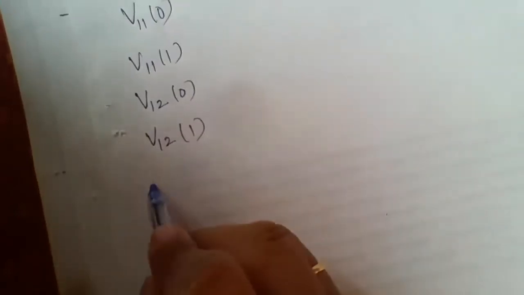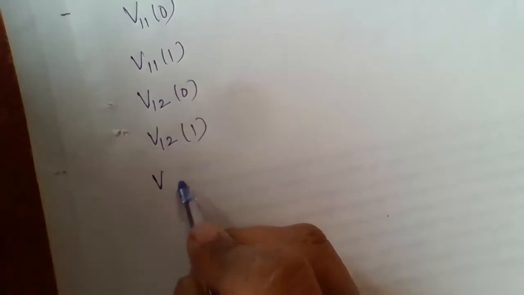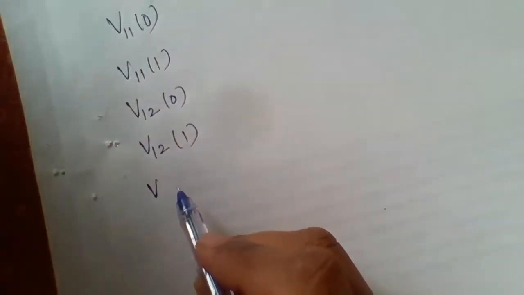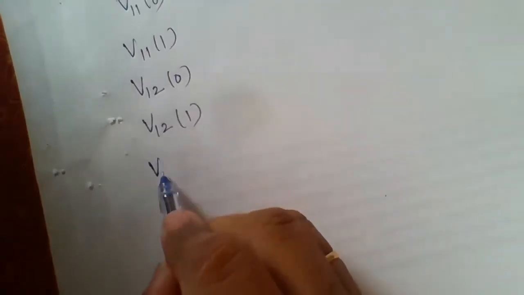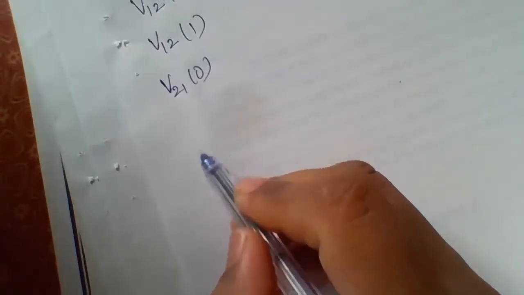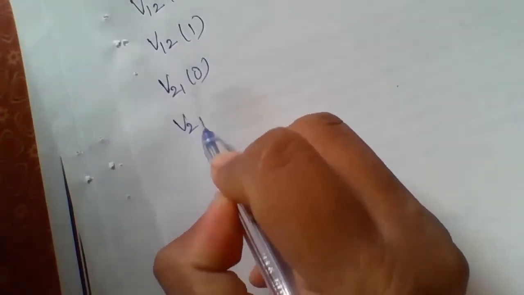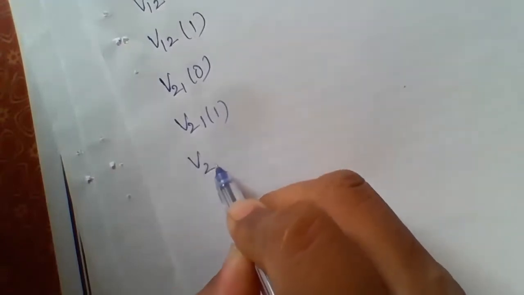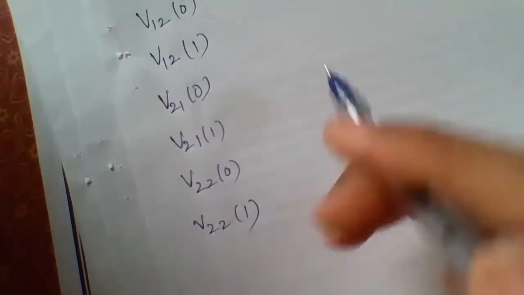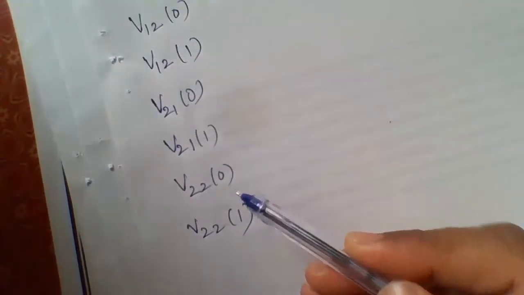Okay, so next what I have is v21 of 0, next will be v21 of 1, then v22 of 0, v22 of 1. Okay, so these are the 8 values.